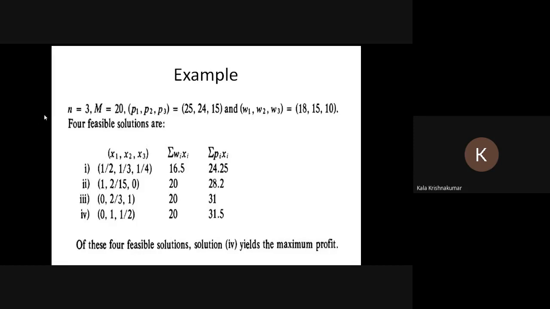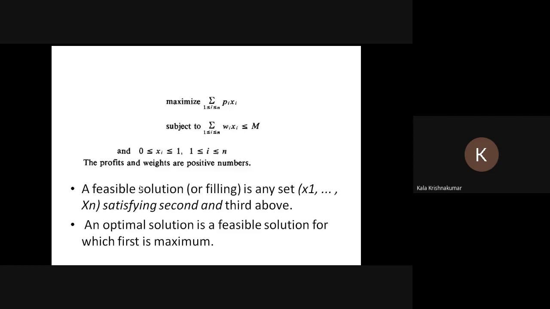Some feasible solution means you are trying to find the filling of this knapsack, and the capacity of this knapsack is 20. So you should list out all the solutions which satisfy these two conditions, where your weight should be less than or equal to m.